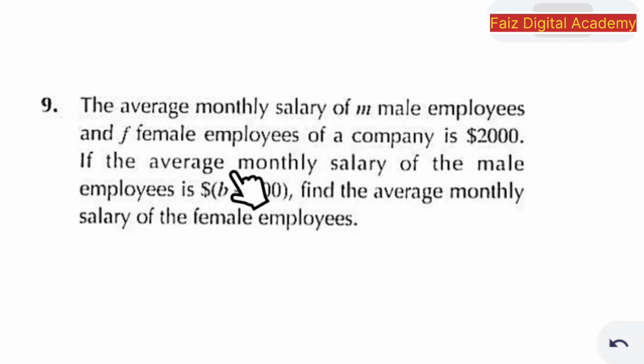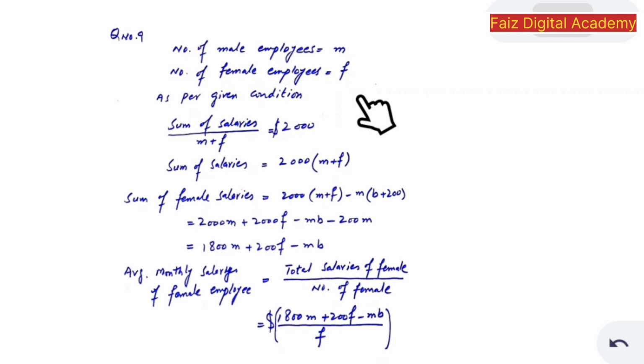Then if the average monthly salary of the male employees is given, then find the average monthly salary of the female employees. So first thing that we extract from this question is the number of male employees, m. Then second thing is the number of female employees, f.